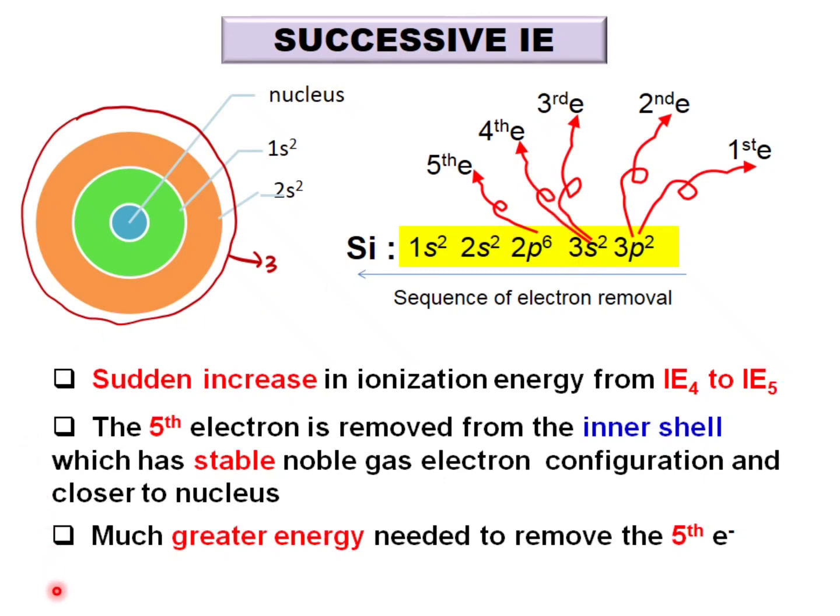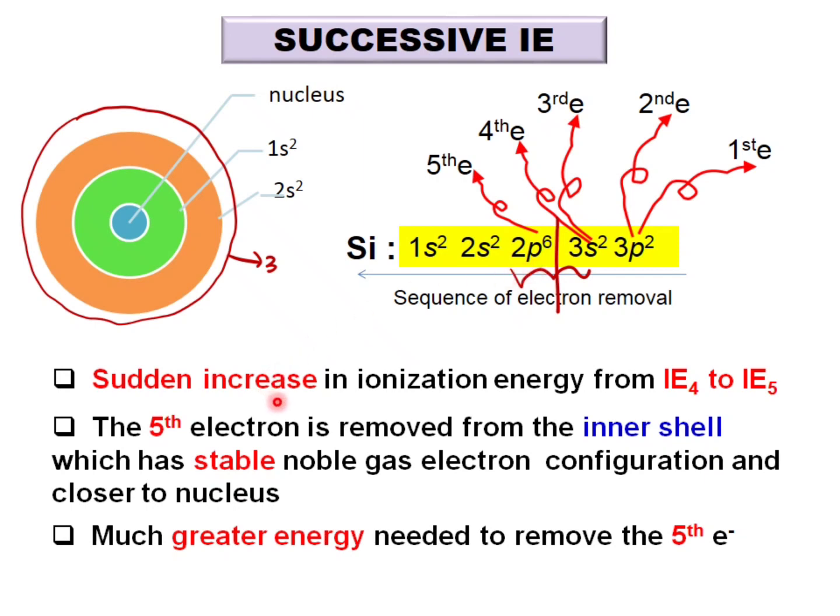But when it comes to the fifth electron, nampak dia dah buat pertukaran antara third shell kepada second shell. So dekat sinilah nanti akan berlakunya sudden increase in ionization energy.